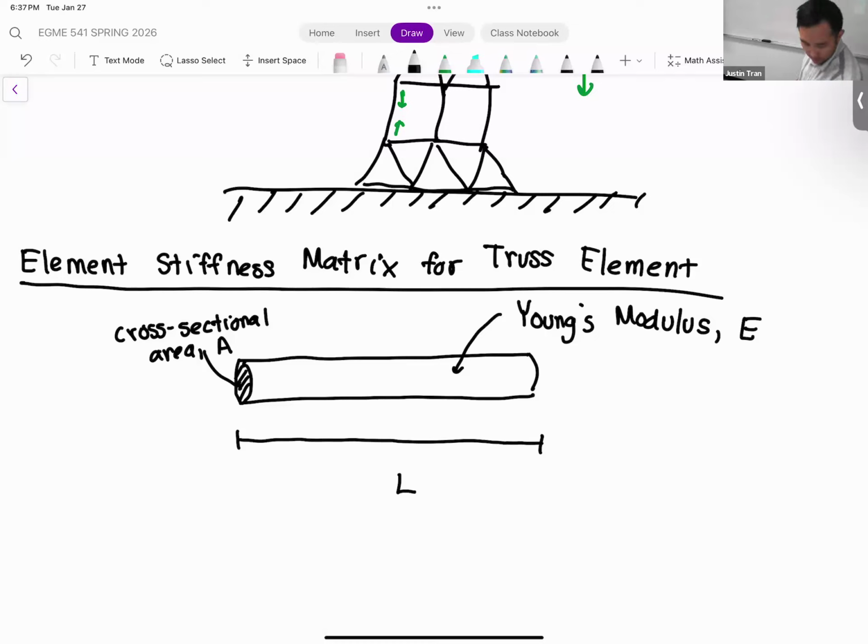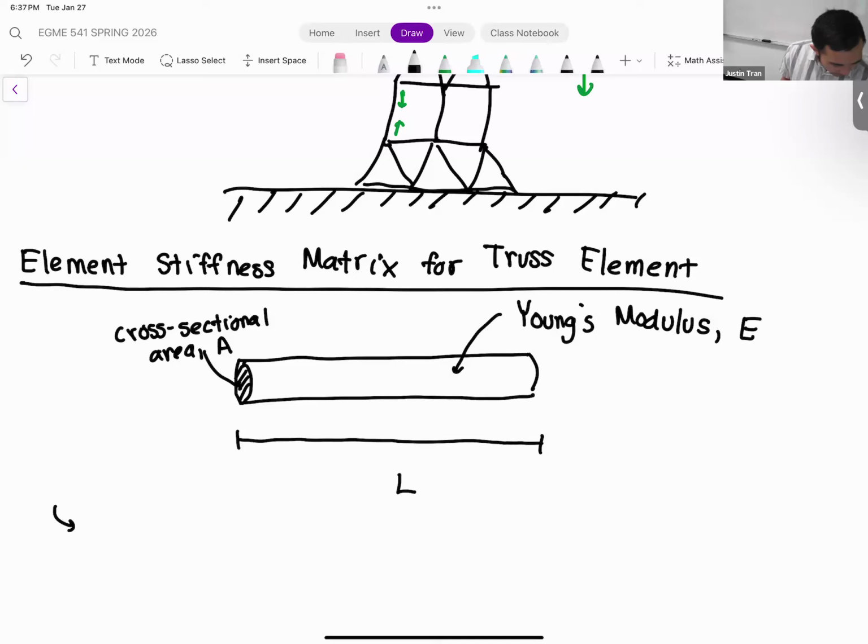Those are the properties of our truss element. Now that we know the geometry and the materials of our truss element, we need an equation that represents the relationship between forcing and response for our truss element.